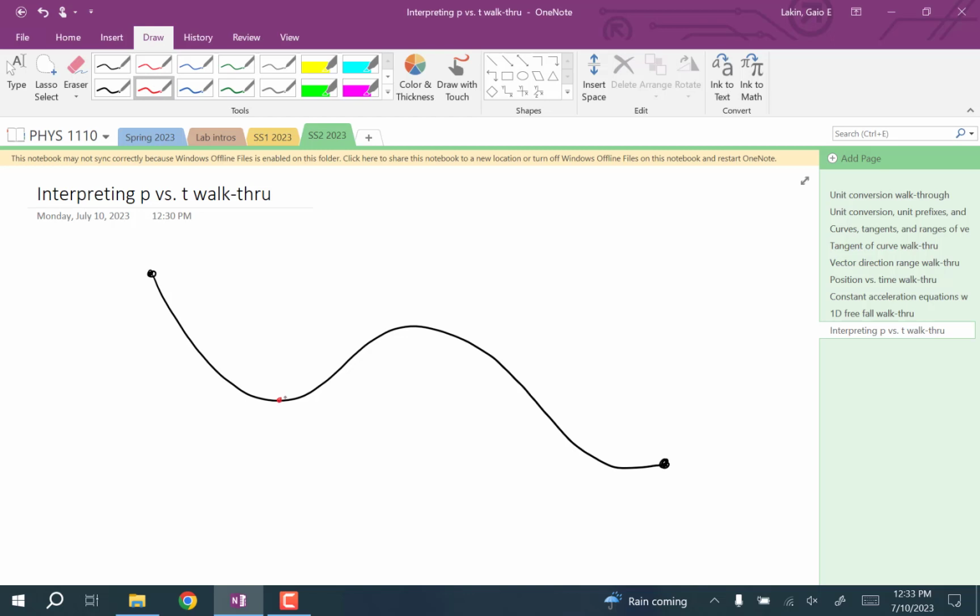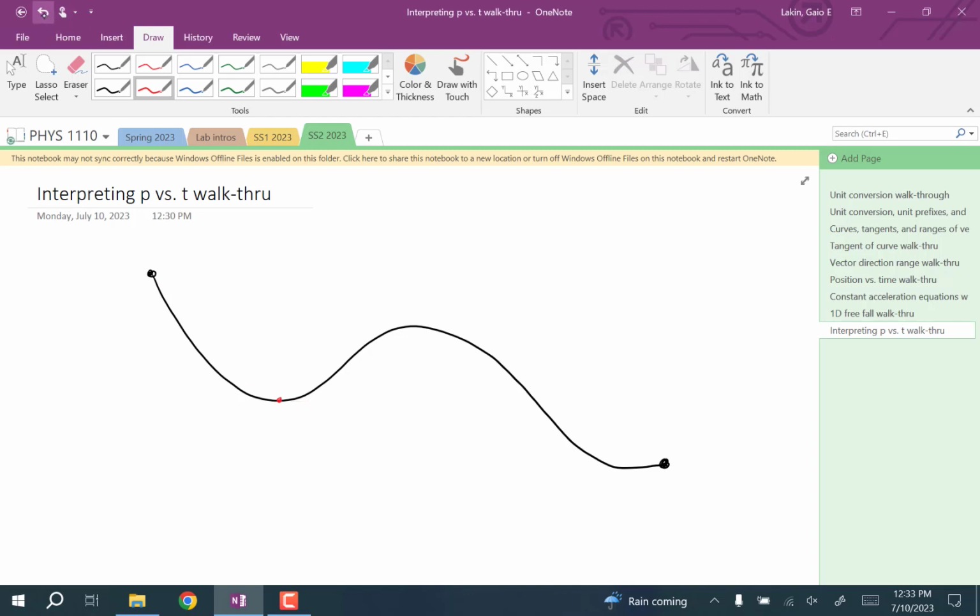At this point here, the slope of that tangent line is horizontal. And for anything before that instant, the slopes of the tangents would be negative. For anything after, they would be positive.